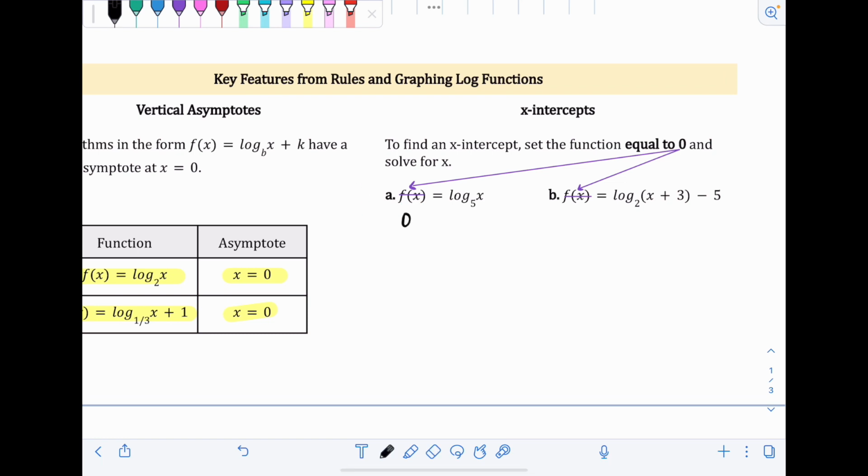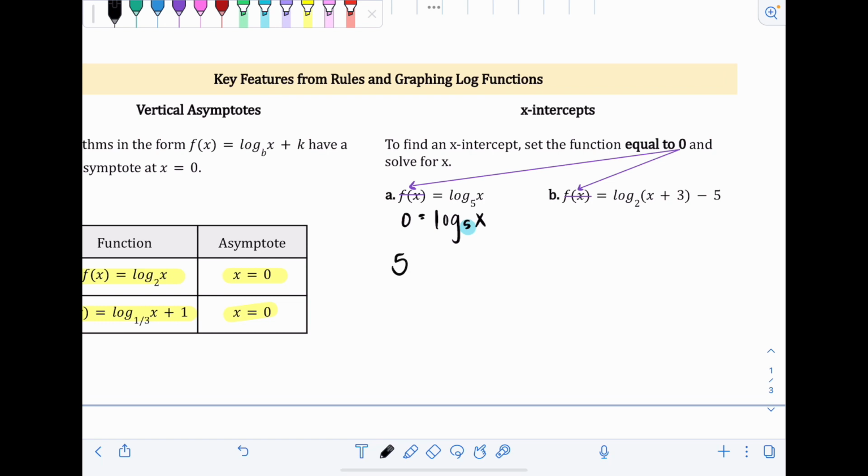Okay, so instead of f of x equals, it would be 0 equals log base 5 of x. And there's a couple different ways that we can do this. We can exponentiate to cancel it out. We can just rewrite it from log form to exponential form to solve for x. I'm going to rewrite it for a and cancel it out for b. So if I were to rewrite it, the base of the log becomes the base of the exponential.